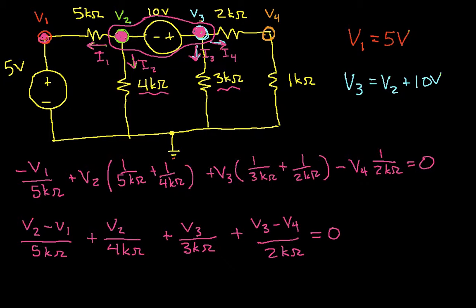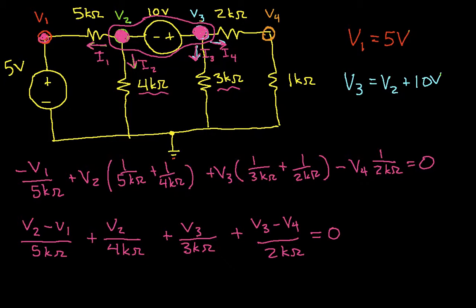This is putting it in a form that's similar to the form we have used in the previous examples. And if you look at this, this is something that you can write down by inspection, but you have to be a little careful. You have to make sure that you're looking at both voltages, V2 and V3, in the supernode.